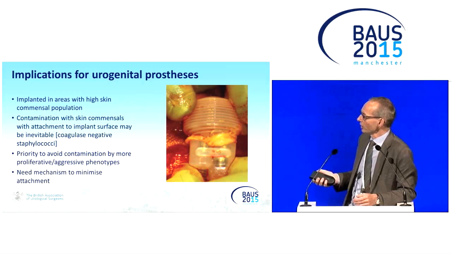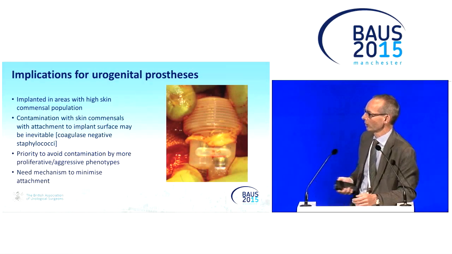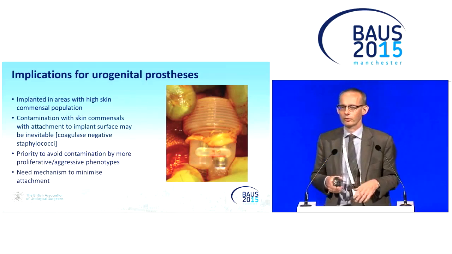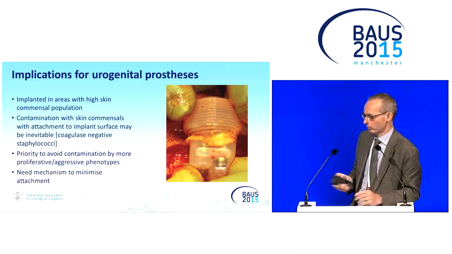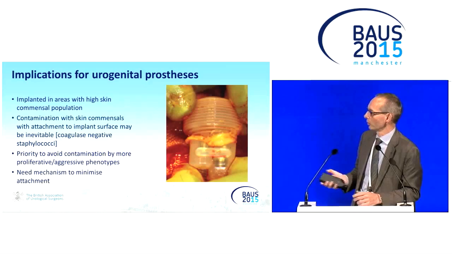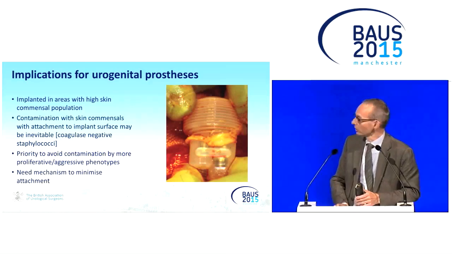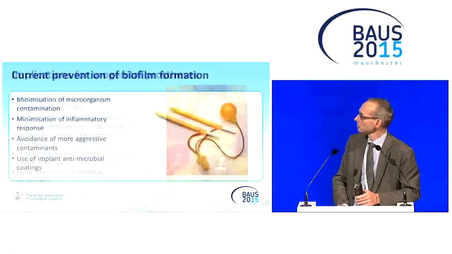So the priority, rather than worrying too much about these, is to avoid contamination by more prolific or aggressive phenotypes, particularly E. coli and other bugs that do cause more active infection. But we certainly do need mechanisms to both minimize contamination with skin organisms and also to avoid getting any of these nasty bugs into the device, which would inevitably mean its removal.